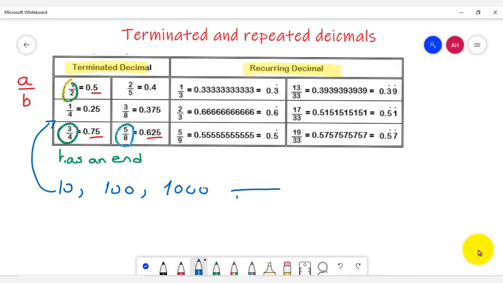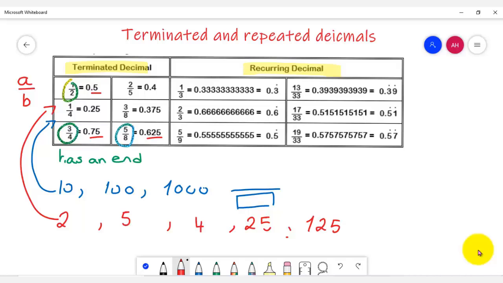Also, if I find any fraction with a denominator of 2, 5, 4, 25, or 125, those fractions are also going to be terminated decimals.